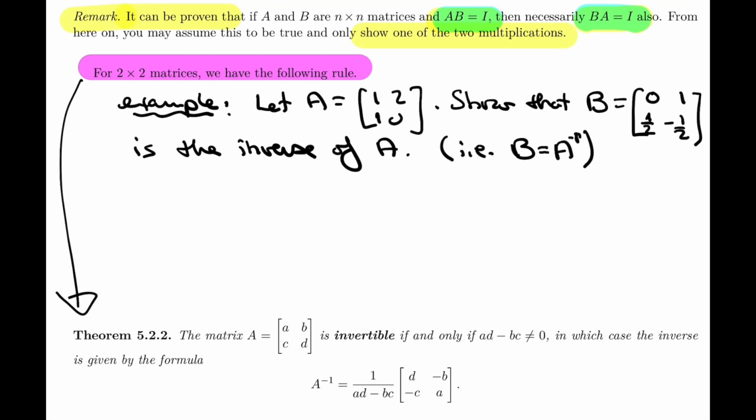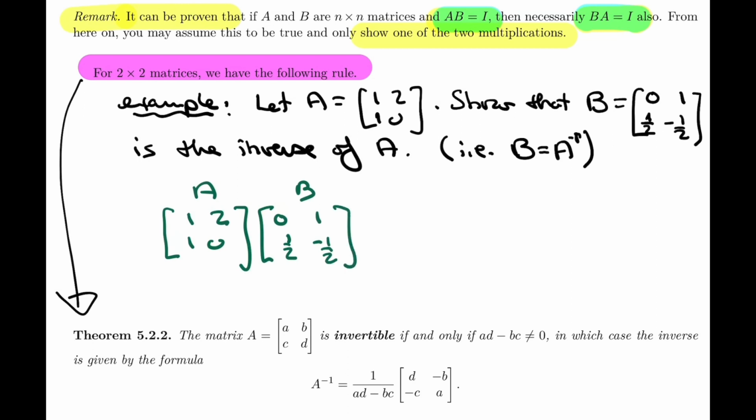Remember the notation? And so what the remark says is that we don't need to show both products. We can just do one of the two. So we'll do [1, 2; 1, 0] times matrix B, [0, 1; 1/2, -1/2].